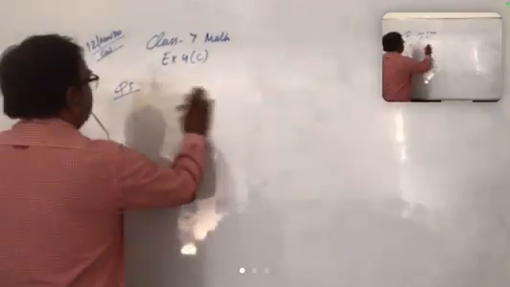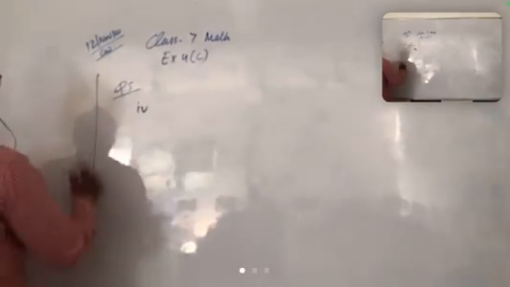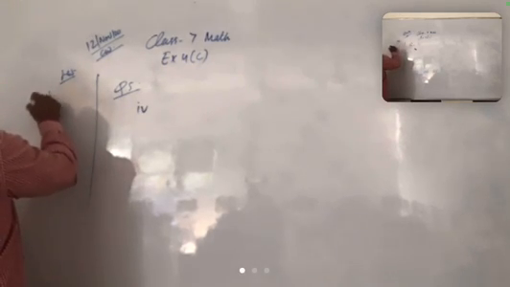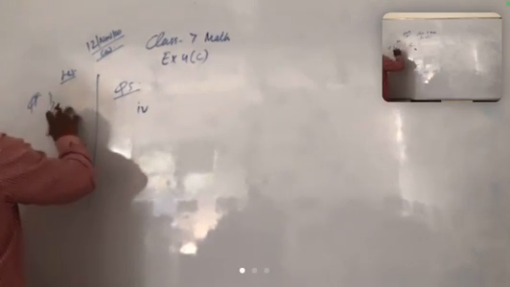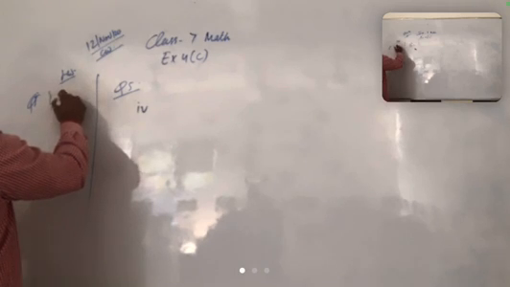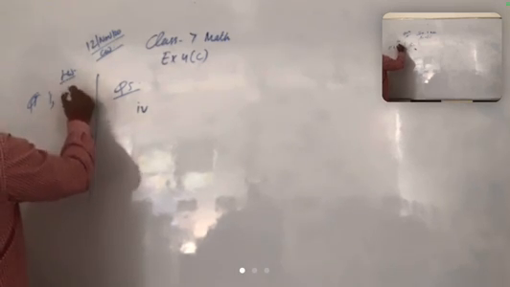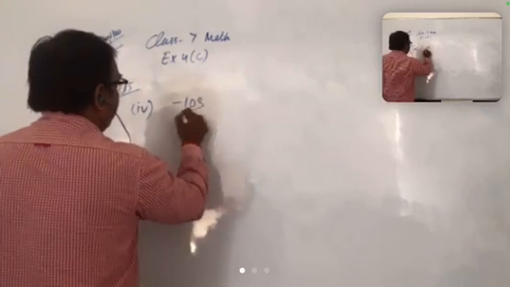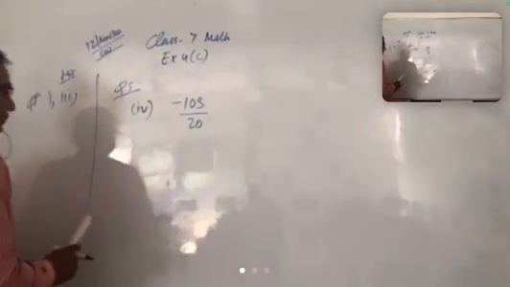Now check the next part. This is the fourth part, and in homework you have to do question number 5, first part and third part. Now the fourth part is minus 103 upon 20.